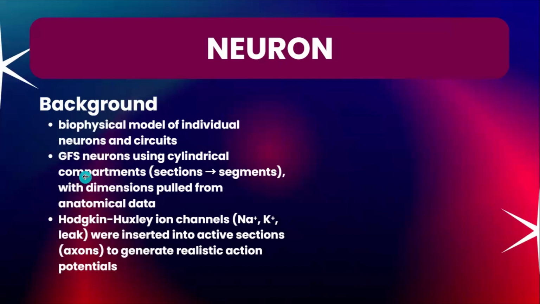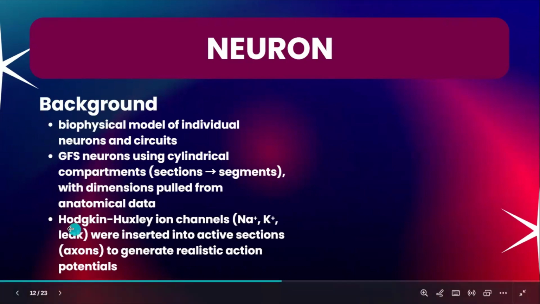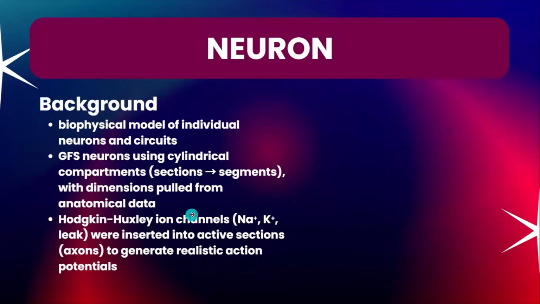And they simplify these neurons using cylindrical compartments, so these sections to segments. And again, this is all based off of anatomical data. And now there's different types of ways to model neurons. One of the ways that you can do this is with the Hodgkin-Huxley ion channels. So we'll see more about that later.